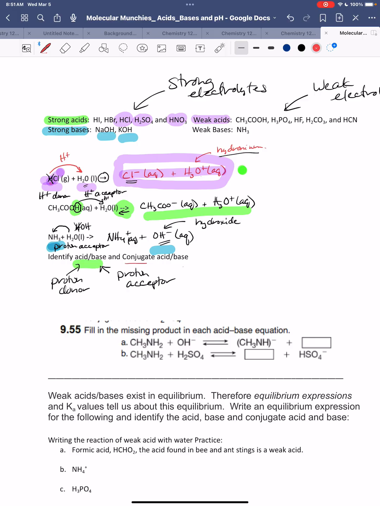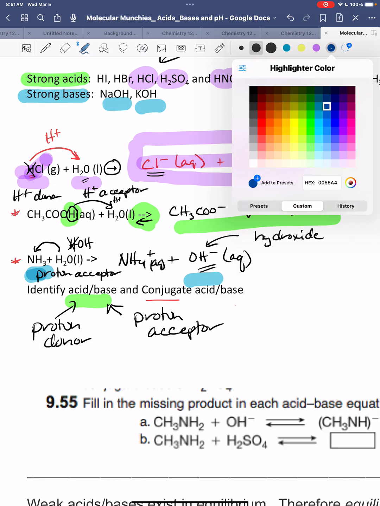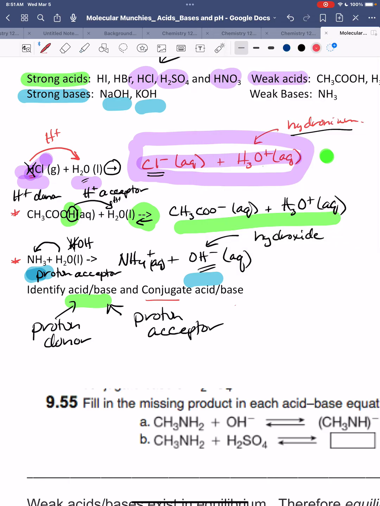So if I look at these two reactions, I'm going to key in on this one right here with the vinegar and this one right here with the ammonia. And basically I want to look at this and go, all right, who's doing the accepting, so we know that this is the acid. We know that this is the acid because it donates a hydrogen. We know that this is the base because it is accepting the hydrogen. So that one, I hope you get there. So when we look at the reverse reaction, we want to scrutinize that as well.